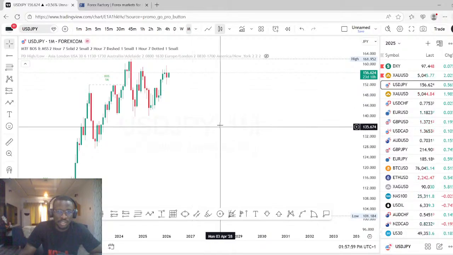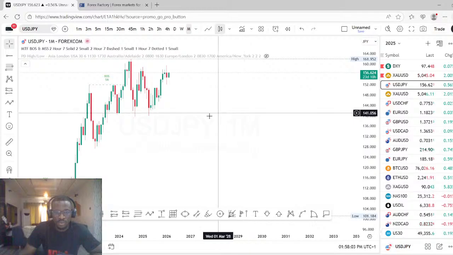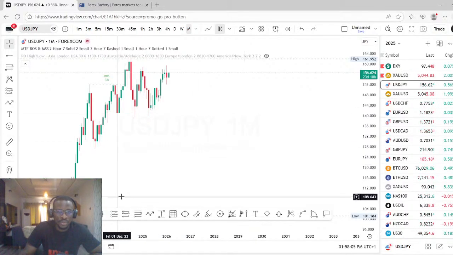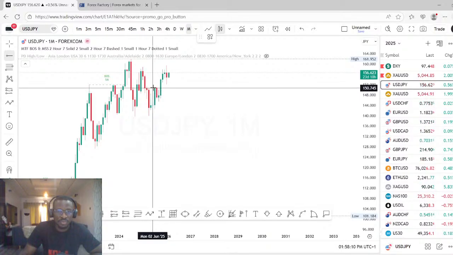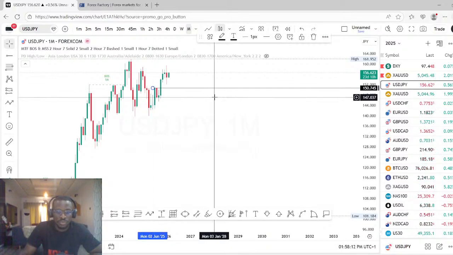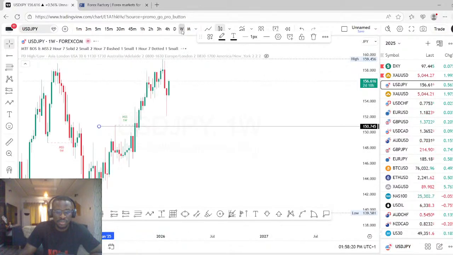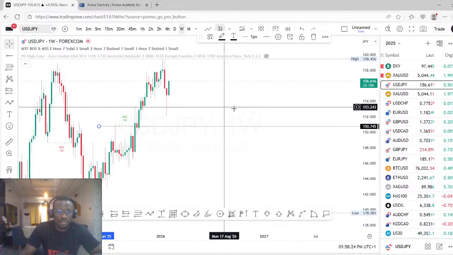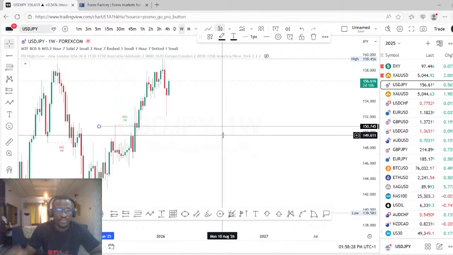And with that, we can work something out. The bullishness of this market, price broke this level, and ever since price broke this level, it has not retested it.